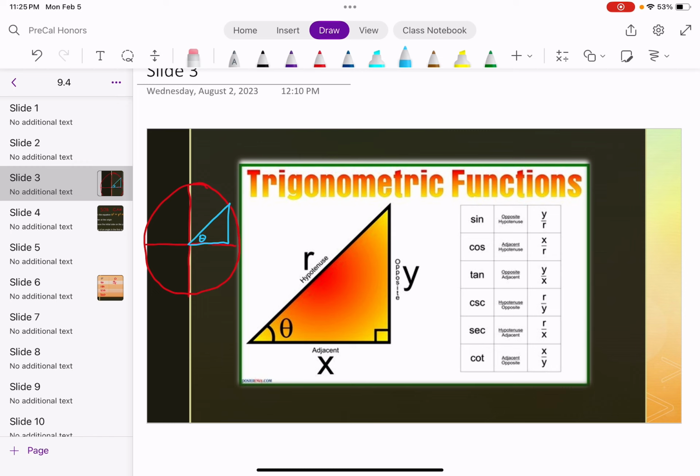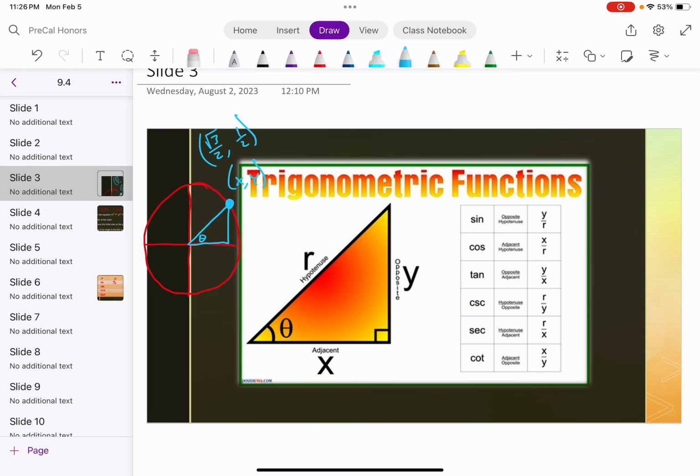Now, every time that it comes in contact with this outside circle, this is the same thing as a point. So this is your x, comma, y. This x, comma, y would be the square root of 3 over 2, comma, 1/2. And that would be your x and your y value.